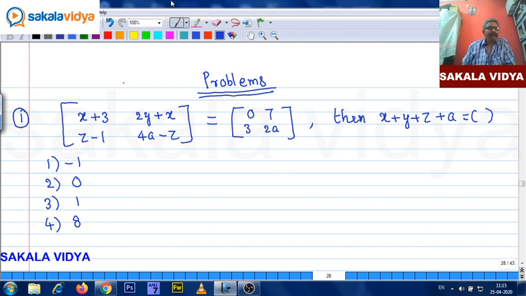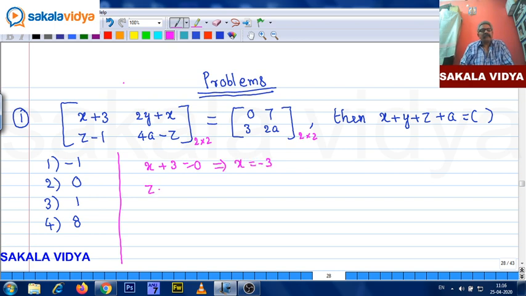Now this is 2 by 2, and that is 2 by 2, that's why the two matrices can be equated. The corresponding elements are equal. So x plus 3 equals 0, we have x is equal to minus 3.